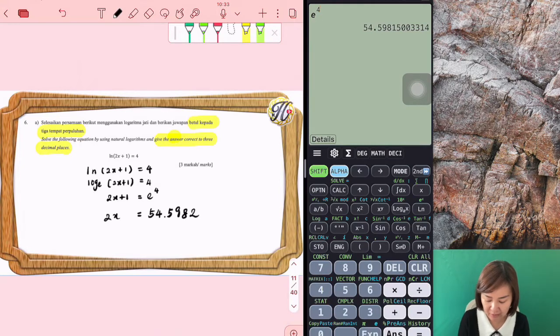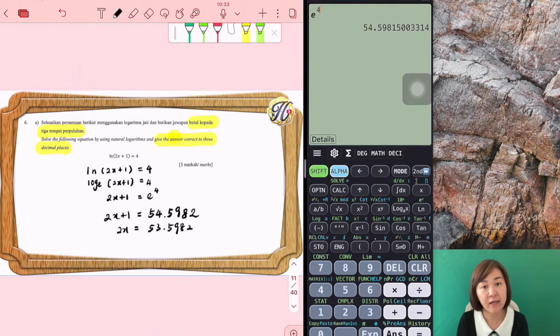So 2x plus 1 equals 54.5982. So what is your x? 2x is equal to 54.5982 minus 1, tolak 1. So it becomes 53.98. Sorry, it's wrong here. It is 53.5982. Copy back.